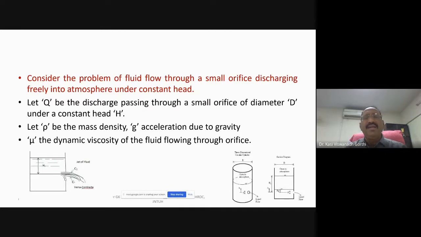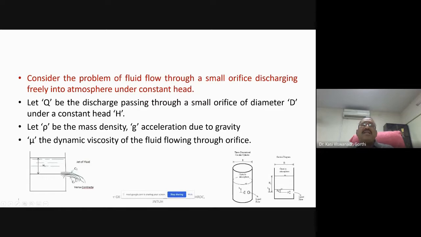What is the dependent variable? The discharge Q, which is required to be found. That means the discharge Q depends on the diameter of the orifice, the constant head maintained over the center of the orifice, the mass density of the fluid flowing through this orifice, the dynamic viscosity of the fluid, and the acceleration due to gravity.